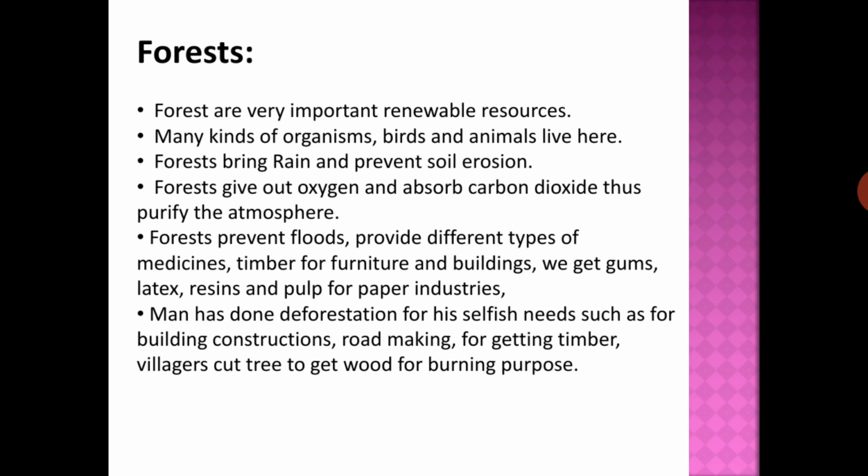And a forest gives out oxygen and absorbs carbon dioxide, thus purifying the atmosphere. By the process of photosynthesis, plants absorb carbon dioxide and release oxygen to the atmosphere, so it purifies the atmosphere. Forests prevent floods and provide different types of medicine, and timber for furniture and buildings.